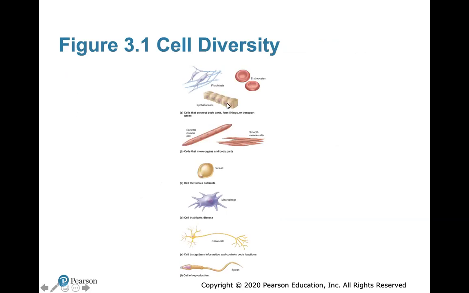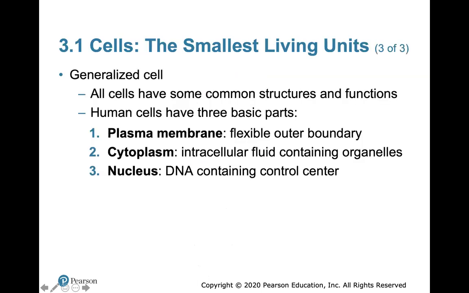You can see erythrocytes are the red blood cells, epithelial cells are your covering cells, fibroblasts, skeletal muscle, smooth muscle cells, cells that store nutrients are your fat cells, cells that fight disease are your lymphocytes or macrophages, cells that gather information and control body functions are nerve cells, and then you have the cells of reproduction. So we have really diverse cells.